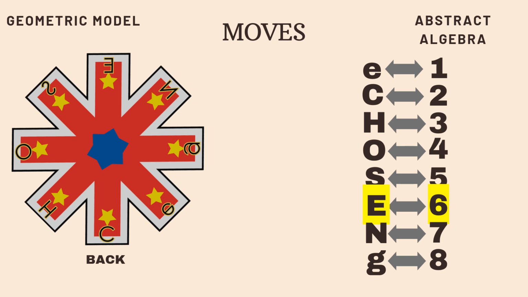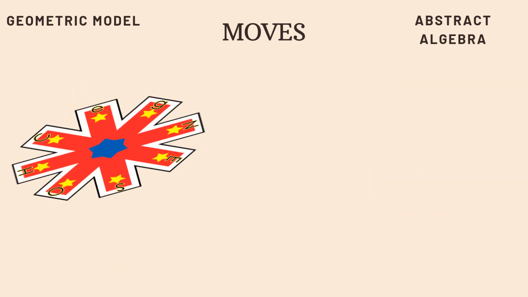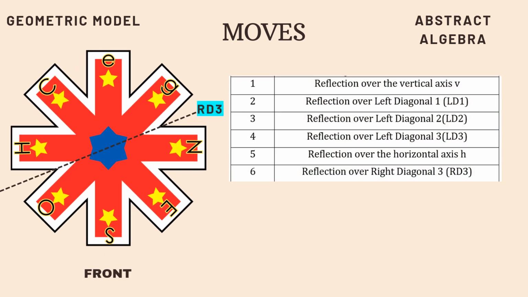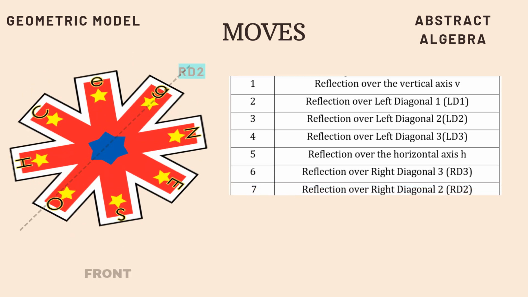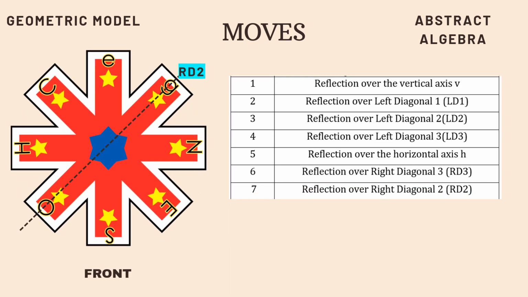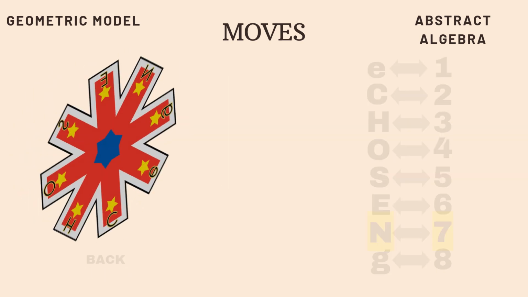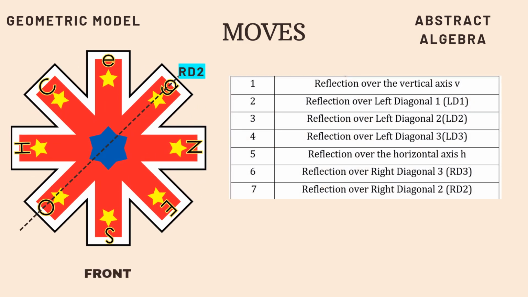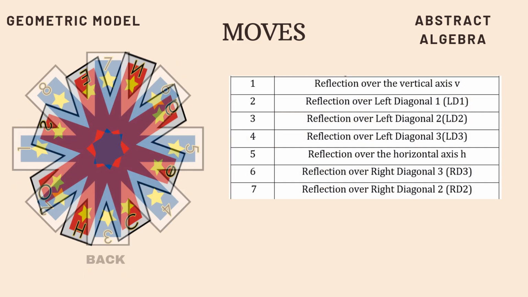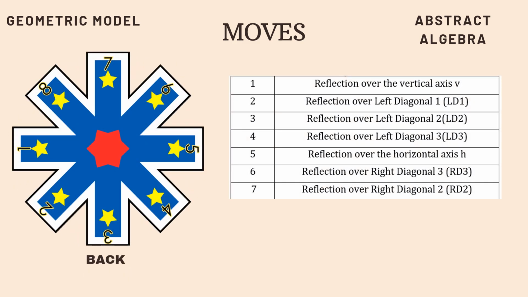Since E maps to 6, then reflection over right diagonal 3, or RD3, represents 6. Next, reflection over right diagonal 2, or RD2. Since N maps to 7, then reflection over right diagonal 2, or RD2, is 7.